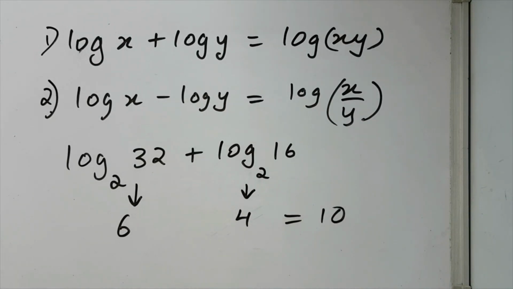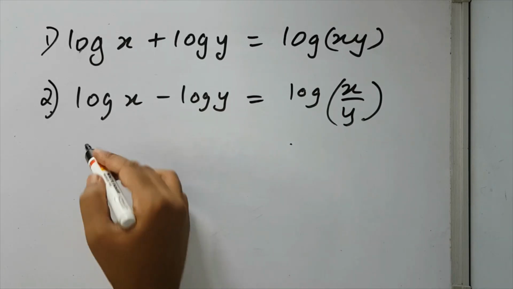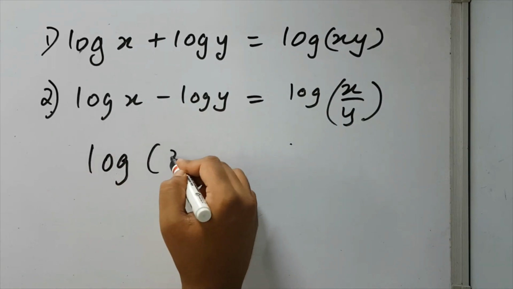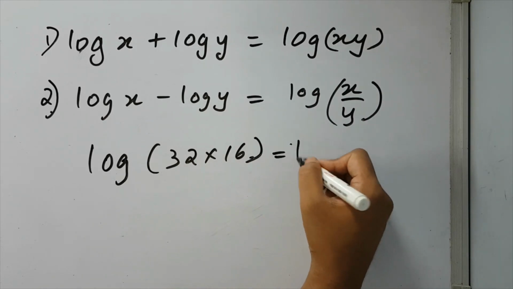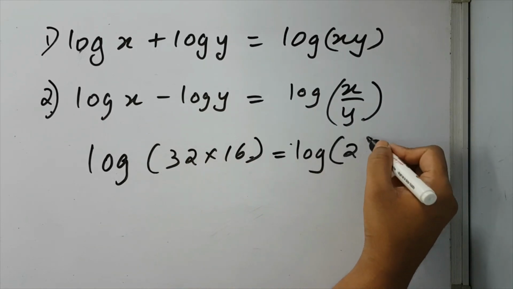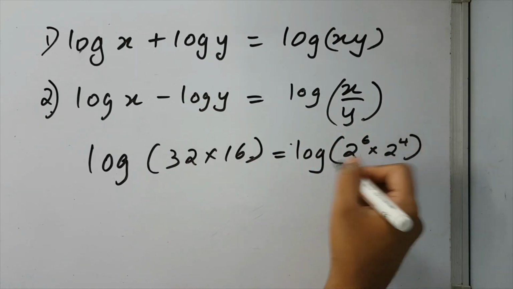Okay, now what if I use this one? What is 32 into 16? Log of 32 into 16. 32 can be written as 2 raised to 5, multiplied by 16, which can be written as 2 raised to 4.